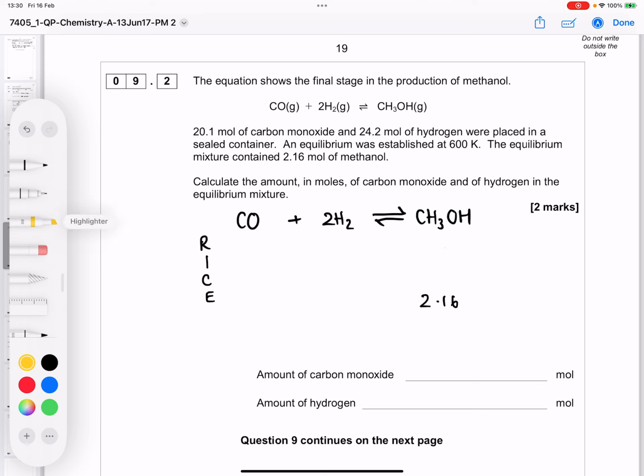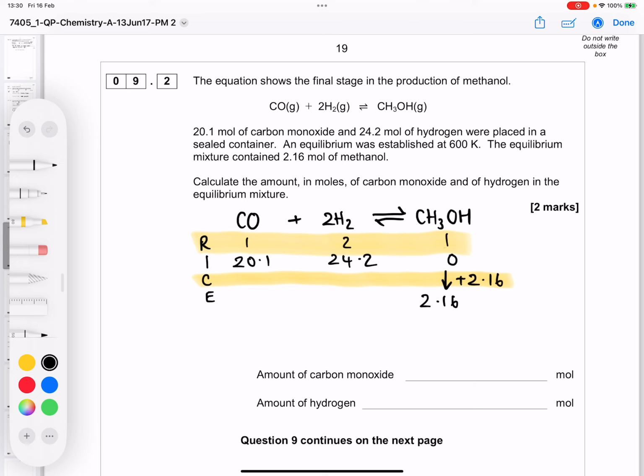The ratio should be there, and the ratio is 1 to 2 to 1. We can calculate one change, it going up by 2.16. Then what we need to remember is that the ratio line and the change line are in the same proportions. So if something has a 1 in the ratio, then in this line it is a 2.16. So this would be minus 2.16.